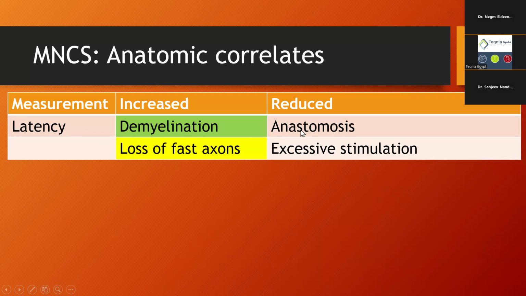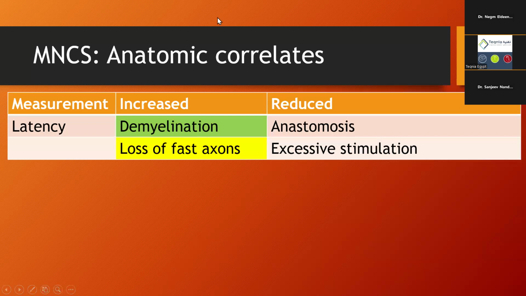Latency can appear reduced. This is not an absolute reduction. This is relative reduction, and that can happen due to anastomosis. For example, in Martin-Gruber syndrome, you can see short latencies for the median nerve with elbow stimulation.